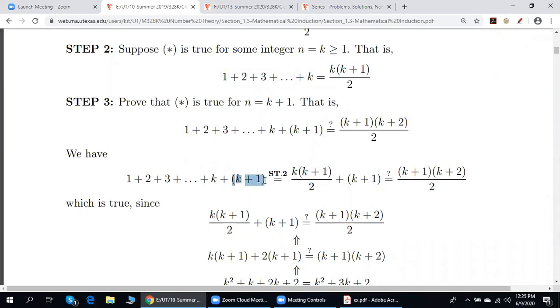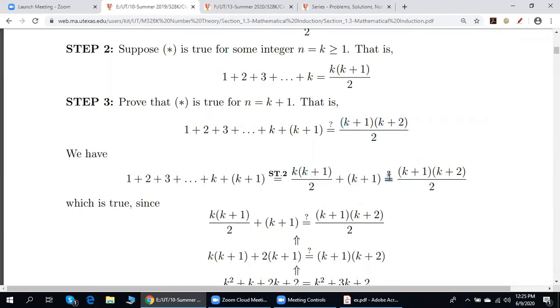We leave the last term without change. So, by step 2, the left-hand side is equal to this. The goal is to prove that what is written here is equal to the desired right-hand side.